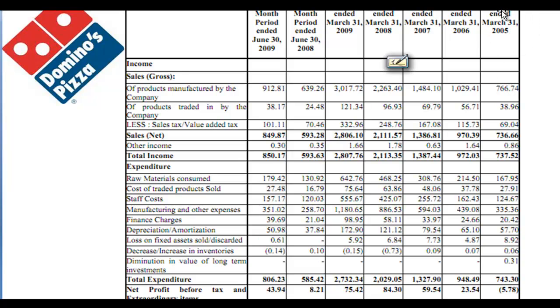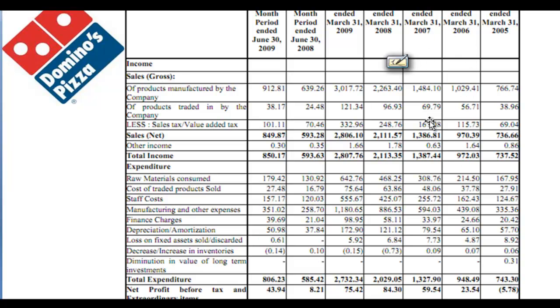The calendar year starts in January and ends in December, but companies' financial years really depend. Most of them roughly start in March of 1 year and end in March of the next year. So when they say year ended March 31, 2005, that really means that is the statement of operations, the profit or loss statement, for this company from March 31st, 2004 to March 31st, 2005.